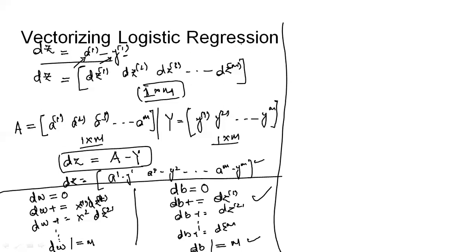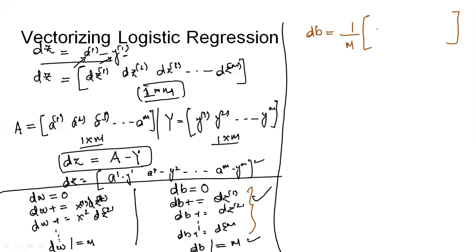Now, how can I write db? I will write db is equal to, and since I need to find the average value of db in the last, I'll put 1 upon m over here. And now inside the brackets, I'll write these equations in vectorized form.